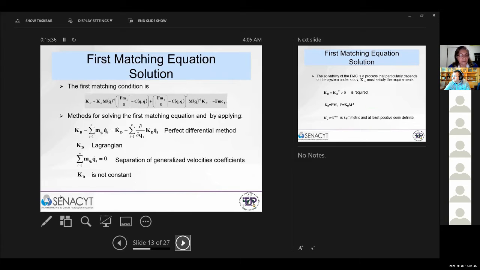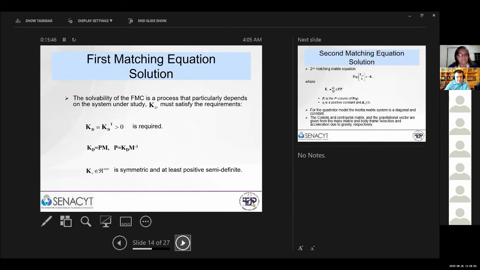Here we present some methods for solving the first matching equation by applying perfect differential methods or Lagrangians. KD also must satisfy these requirements. KD must be positive definite, and KB is symmetric and at least positive semi-definite.